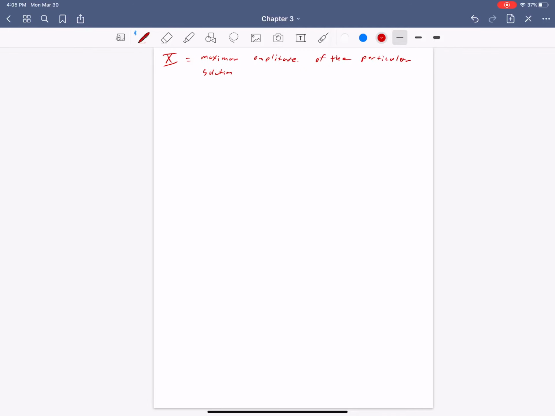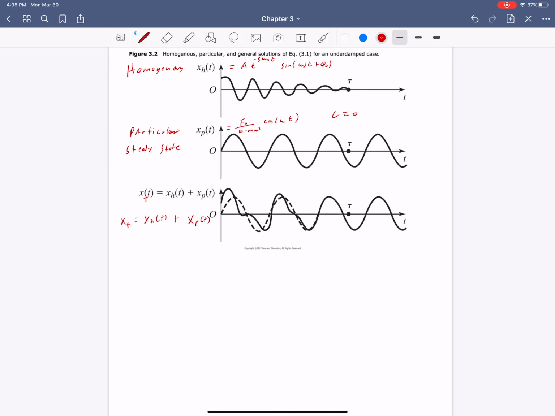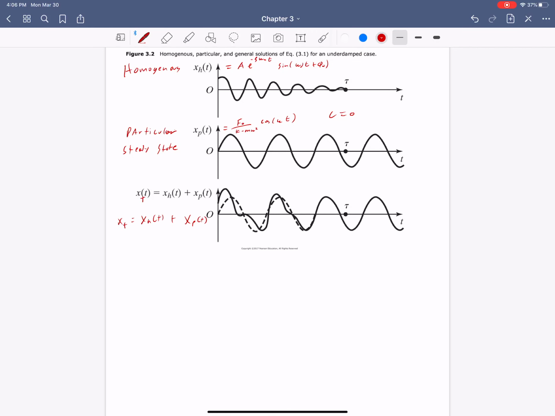Depending upon your initial conditions, you can have an amplitude larger. So here's an example where that right there is your X, because that's X of p. But once again, you can have amplitudes that are larger than that.